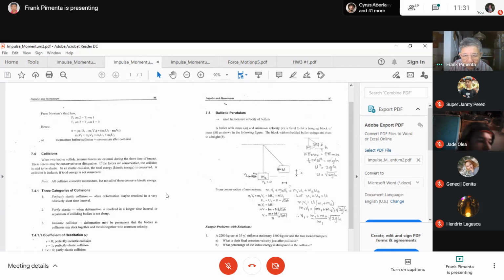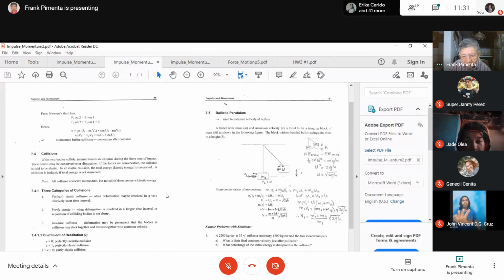But when the bullet is embedded in the block, in the final condition, the mass of the bullet is m1 and the mass of the block is m2. They join together and form one body.